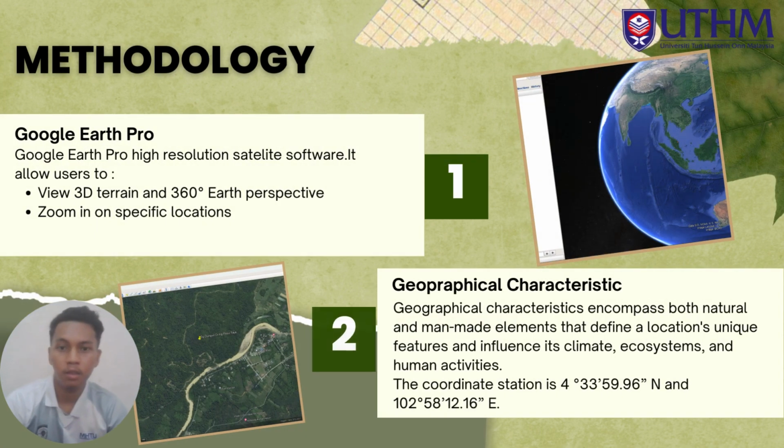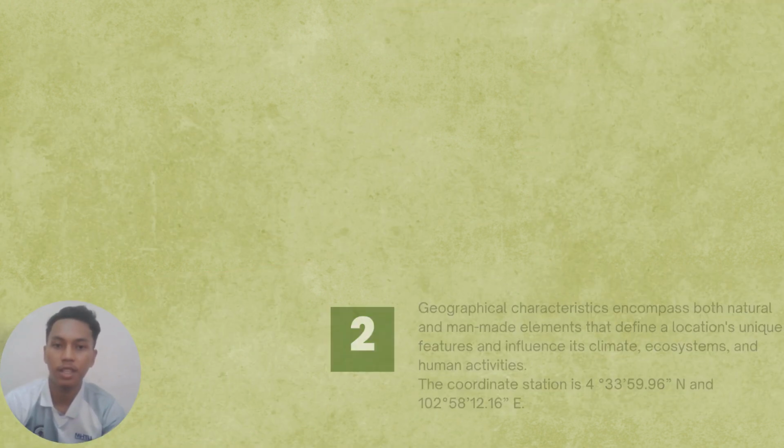Next, our group uses Google Earth Pro because it can view 3D terrain and 360 perspective, and can zoom in on specific locations. Geographical characteristics encompass both natural and man-made elements that define a location's unique features and influence its climate, ecosystem, and human activities.